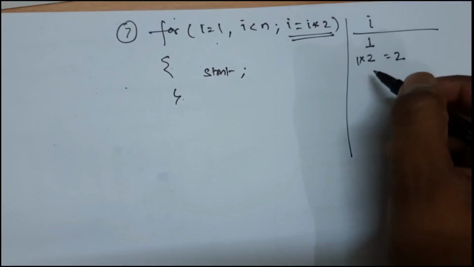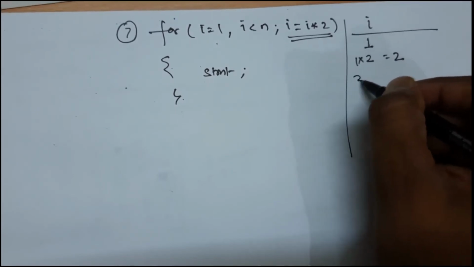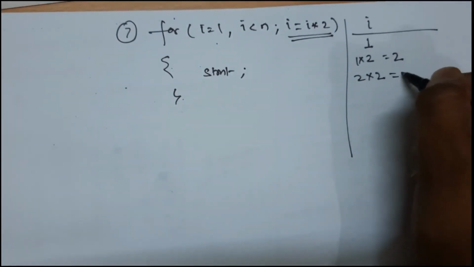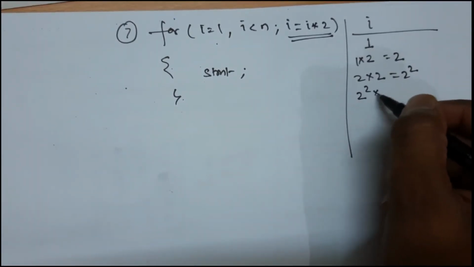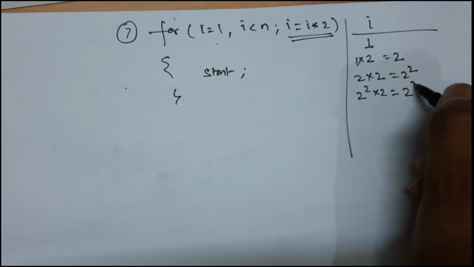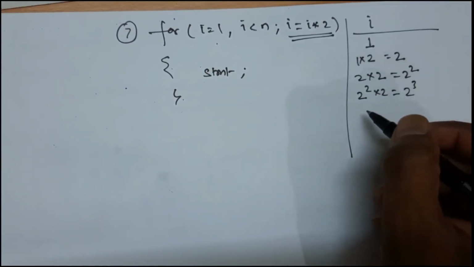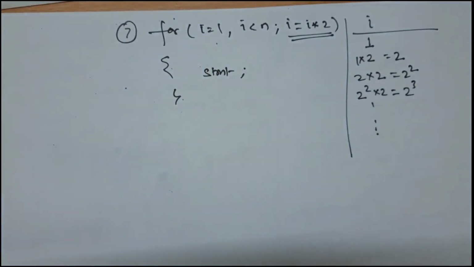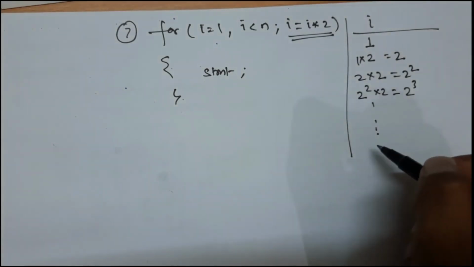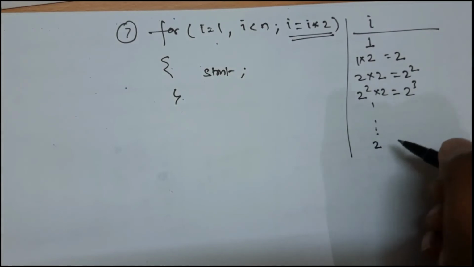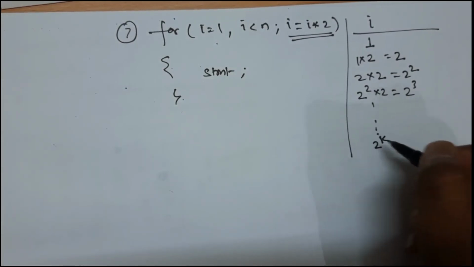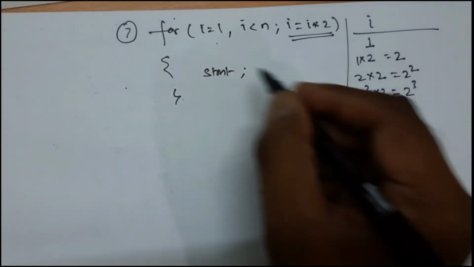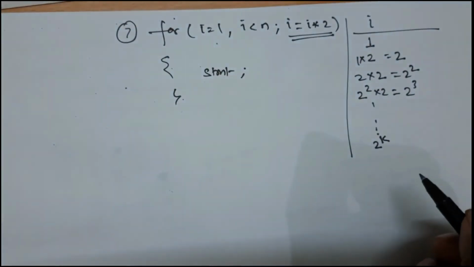So next time it would be 2 into 2, that is 2 square. Next time it would be 2 square into 2, that is 2 to the power 3, and so on. So how many times will it be repeated? Suppose the value of i is 2 to the power k; for this value of i the loop is repeated.